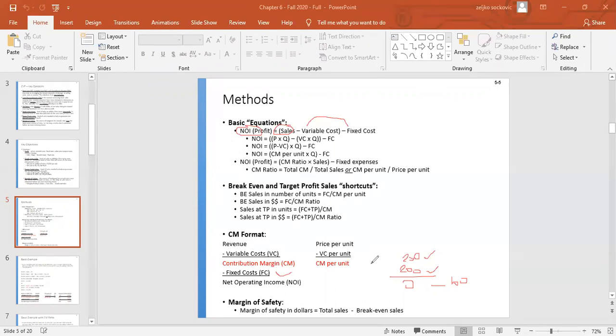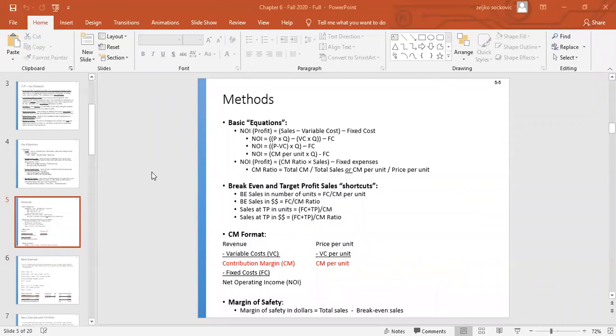Not all the money goes to your profit. Why? Because of price per unit, you don't make every dollar of your price into profit, unless your variable cost is marginal, like zero. So you actually get contribution margin to go into your profit, right? Those are the things that, when you work more on problems and do it again a little bit earlier and in advance, are not an issue at all.